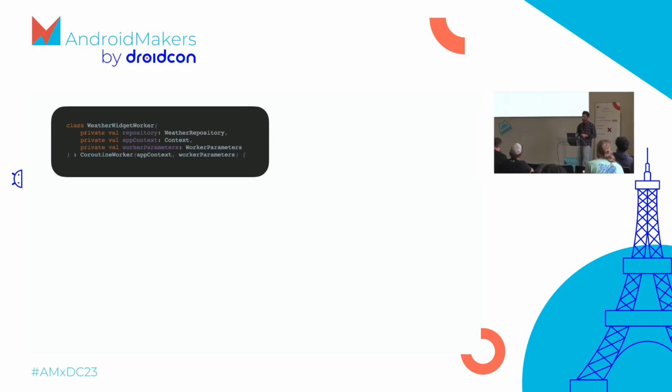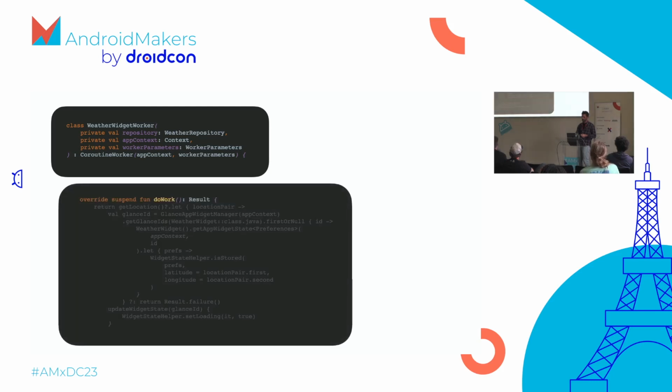And then in the worker, I have access to my repository, app context, and worker parameters. On do work, I'm taking location from the worker's parameters. And then there is something fresh new, which is Glance App Widget Manager.